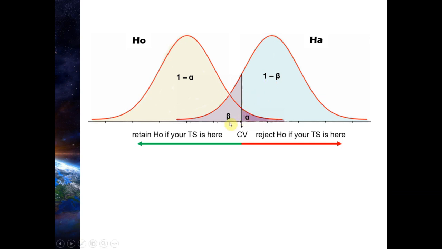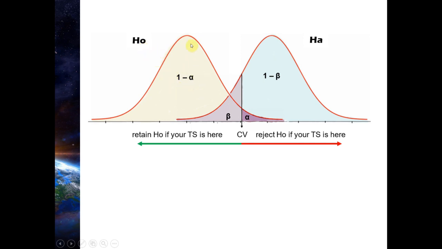Now, what if your test statistic is below the CV? So it's less than the CV. Then there's also two areas you could be in. You might be in this area here called beta, or you might be in this area, 1 minus alpha. 1 minus alpha we don't have a special name for, but it's the probability of correctly retaining HO.